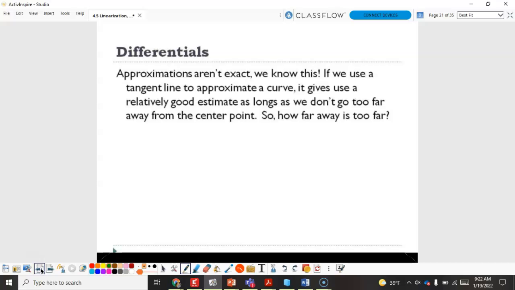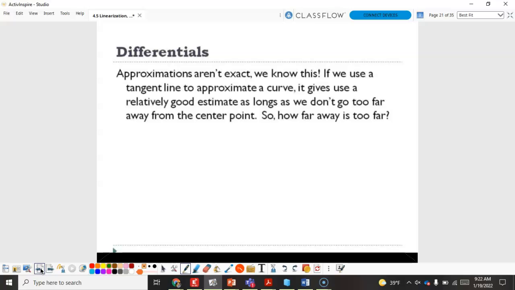So approximate differentials and linearization give approximations. Obviously, they aren't exact. We know that because we've taken some of the things we found and compared them to our calculator. A tangent line is simply a good way to approximate a curve.